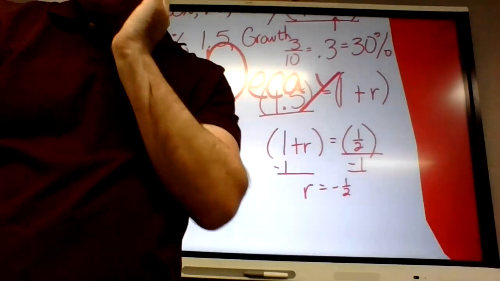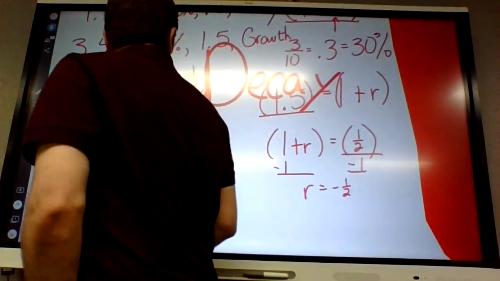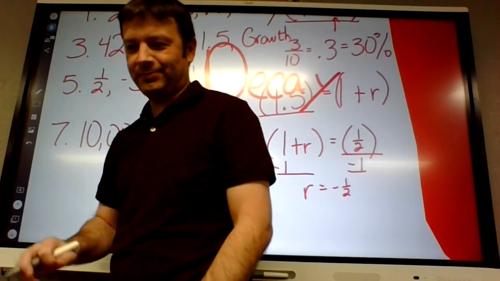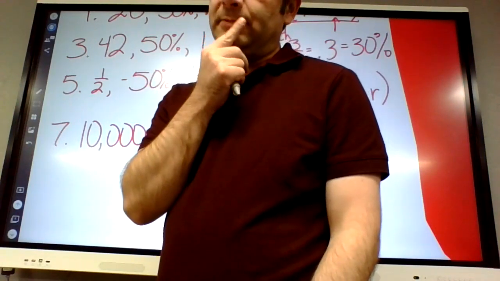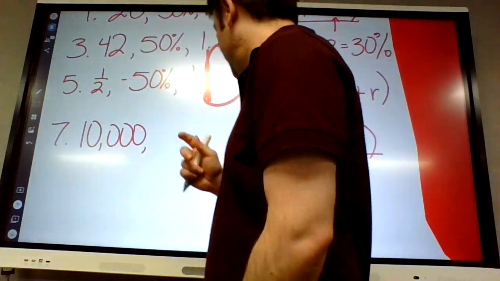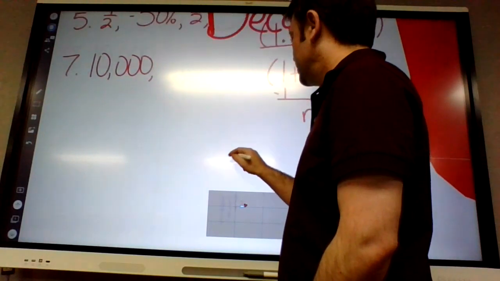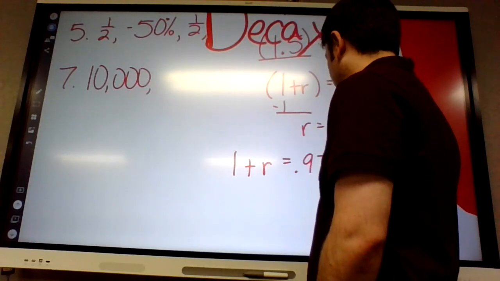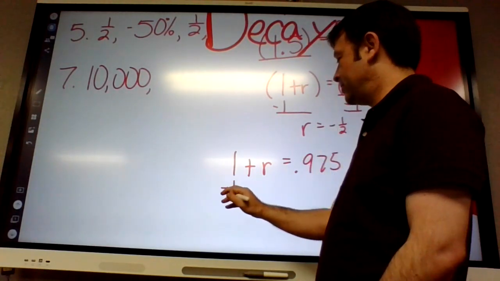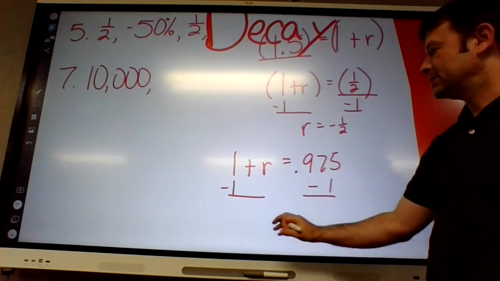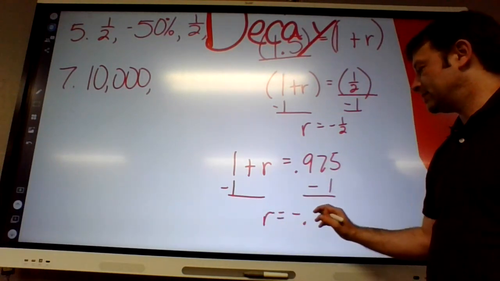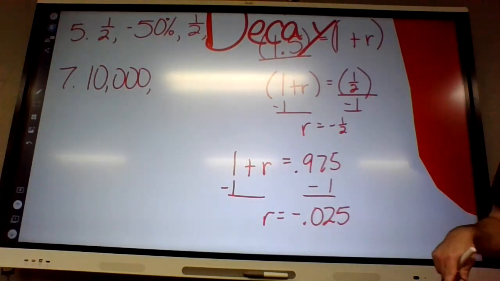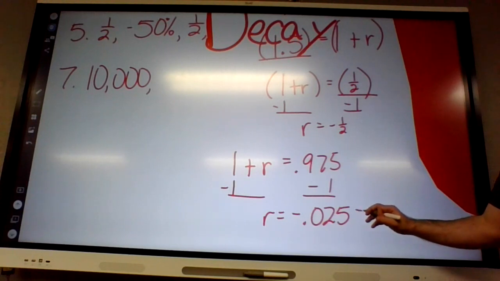Number 7, what's the initial amount? 10,000. What is the percent change? So how do we turn 1 plus r into 0.975? The r must be going down 0.025. What is that as a percentage though?